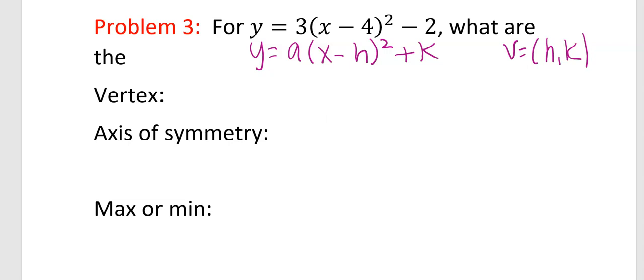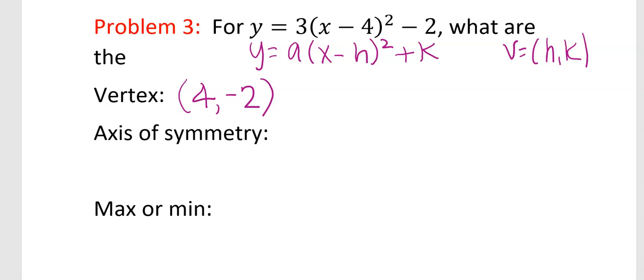So I'm going to take the 4 out, and the sign goes with the K. So my vertex would be 4, -2. Remember that the number that's inside the parenthesis, you always have to do the opposite sign of that. It looks like it's a -4 inside, but when you take it out of there, it's just the 4.